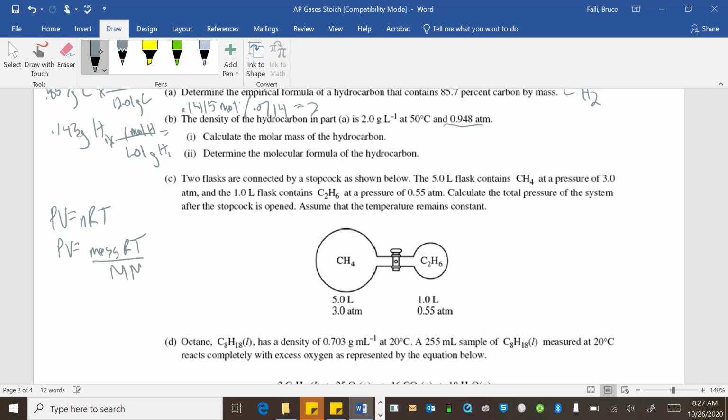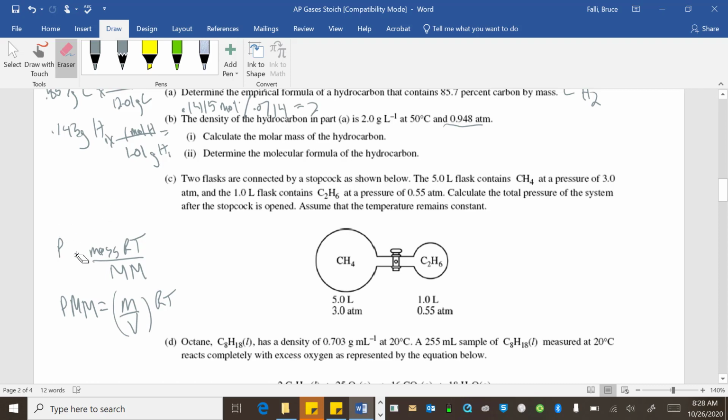Now remember, density is mass over volume, so I'm going to cross multiply. PM equals mass over volume, that's density, times RT. You can just write this down and remember it, but know you can derive it. Density equals PM over RT.